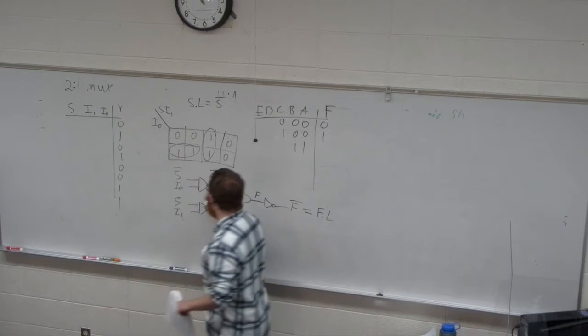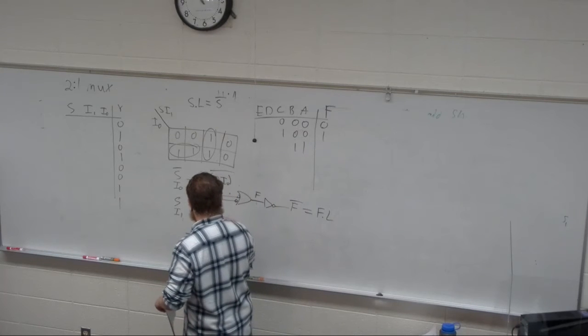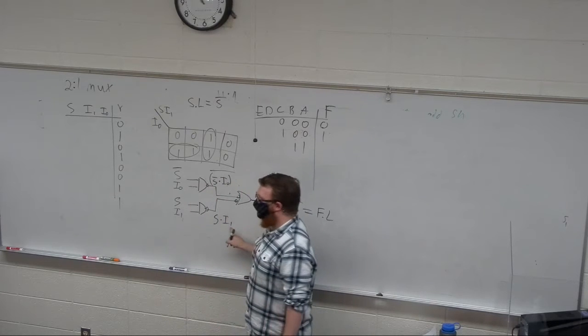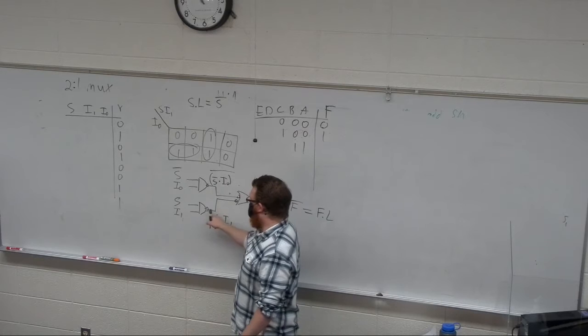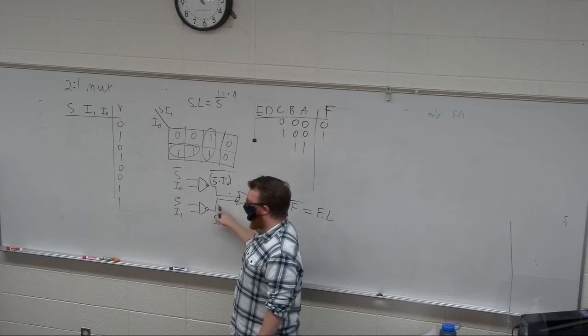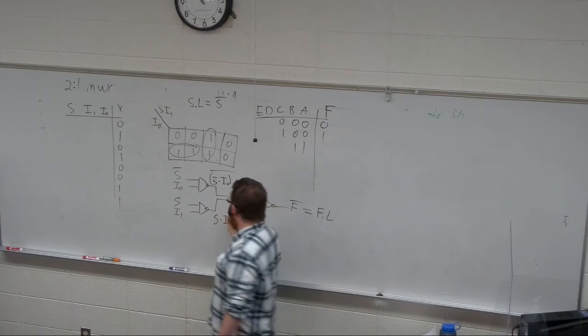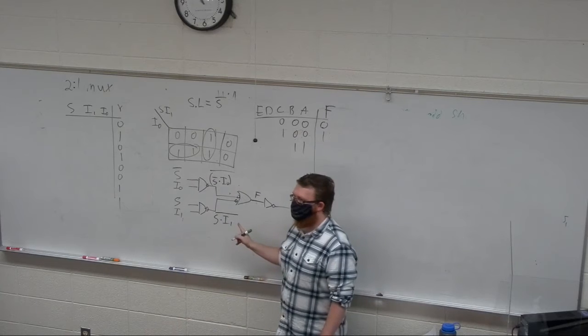Right, because this would be, let's do this one, it's easier to say. S and I1. It would be S and I1 if not for the inversion. So you could even mentally break this out and put an inverter over here, and over here we have S dot I1, on the other side we have not S dot I1. But we need to make sure the bar is over the whole thing.